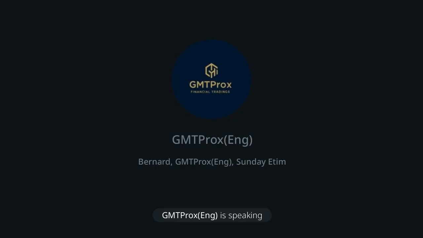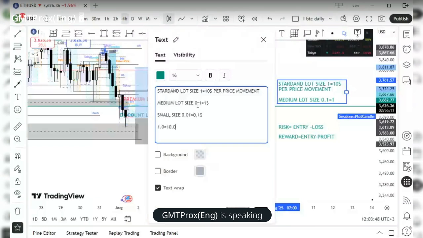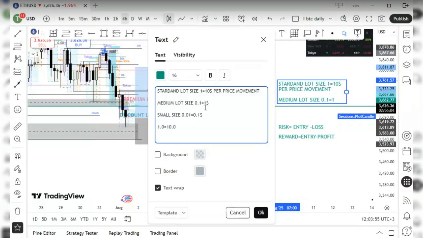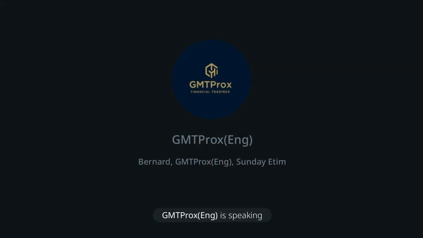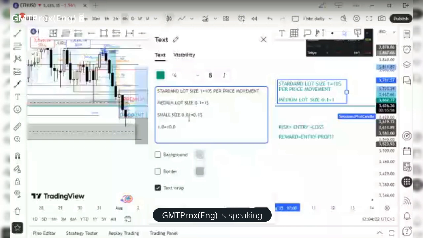If it is 0.1, then I take this decimal to 1 here, it will be 1.0. If 0.01, I take this decimal place to the next one here, it will be 0.1. So this is how it goes.